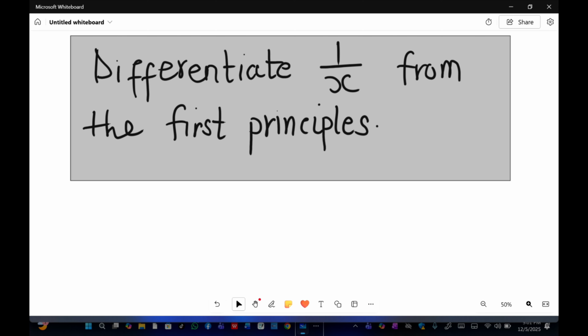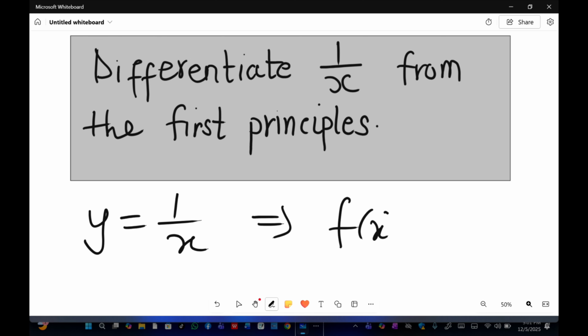So let us start. Given a function in this form where the denominator is not equal to 0, the function is considered to be a rational function. So the function is y is equal to 1 divided by x, which implies that our original function, f of x, must be equal to 1 divided by x.